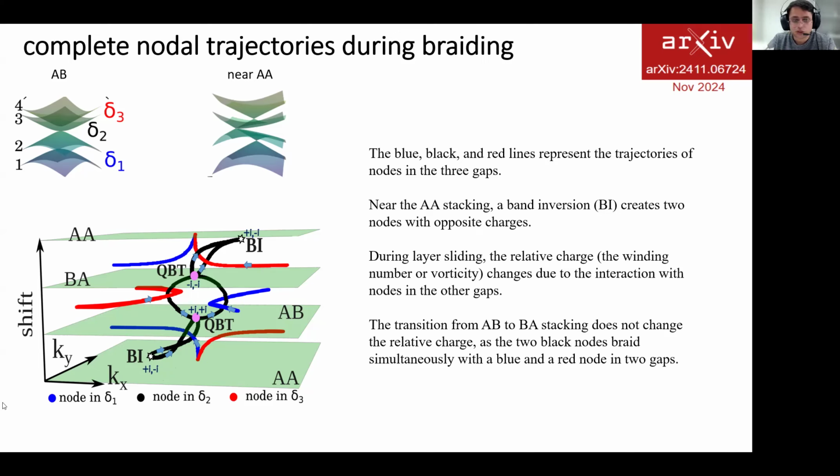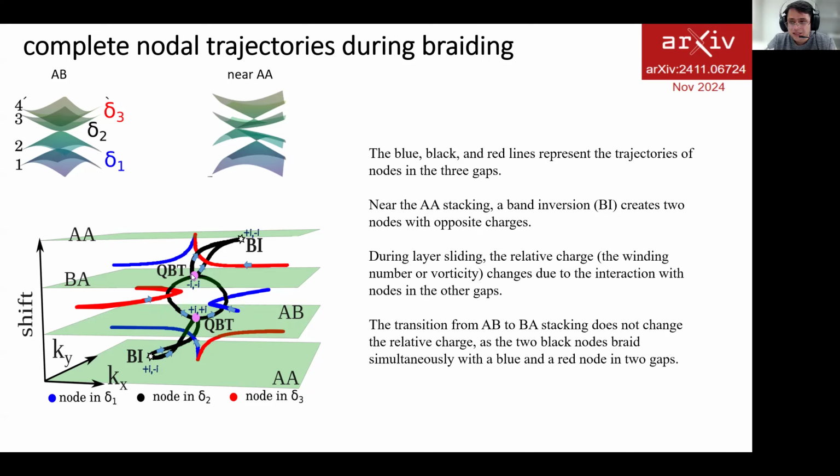Let's assume that the charges are I and minus I, and they go through the braiding using blue nodes, the lower nodes. When they meet each other in AB stacking, they go to a quadratic band touching. If we again shift the layers and go to BA stacking, then we can see that this quadratic band touching decomposes into two Dirac nodes, and then again they combine here and make the quadratic band touching.